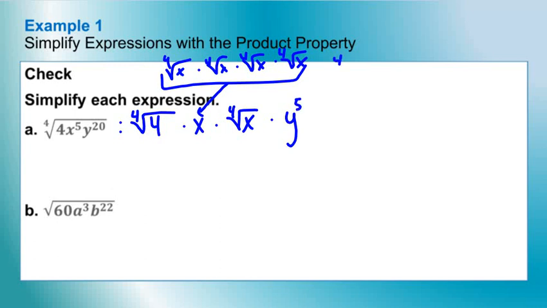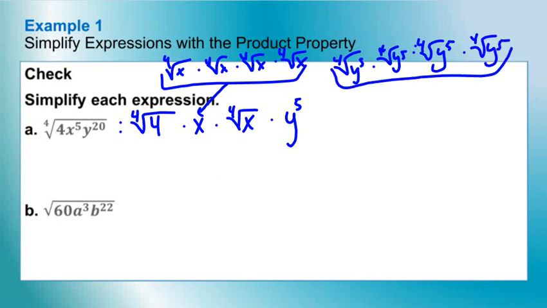And I got that one because I had the 4th root of y to the 5th four times. These four make that. So now we can write our answer. Everything on the outside would be x y to the 5th times the 4th root of 4x.